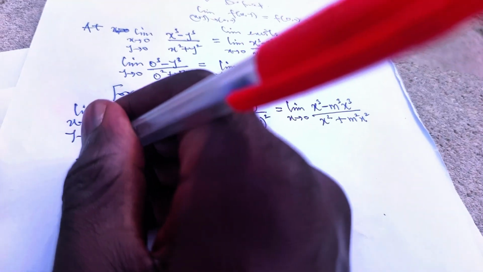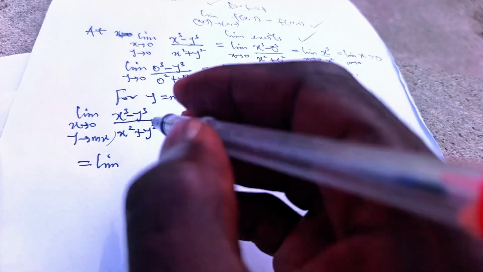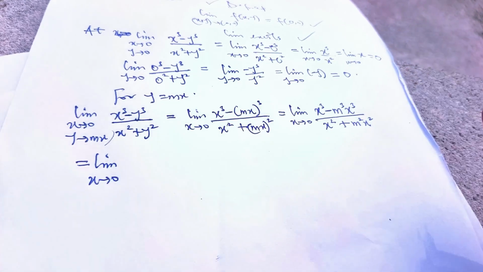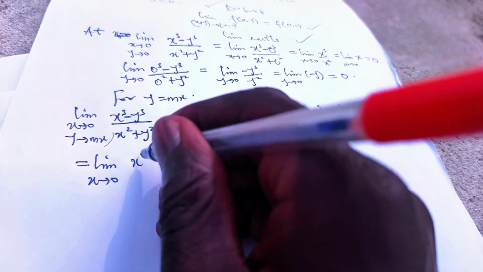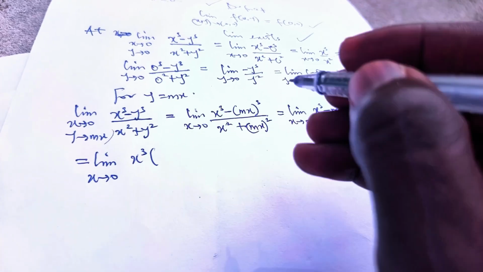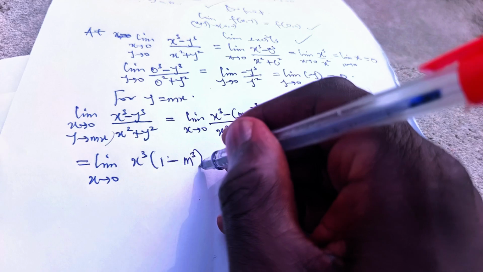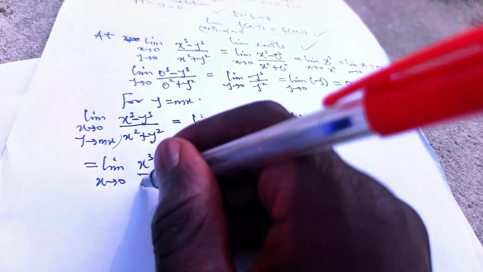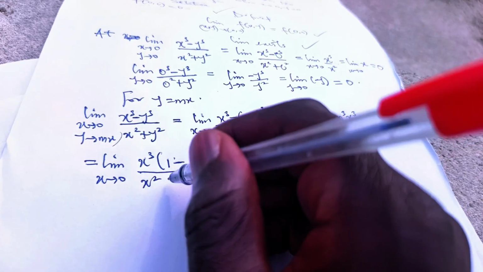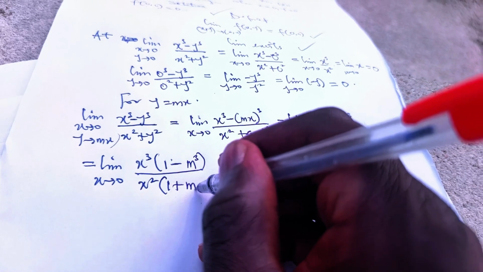Here it will be x cubed into (1 minus m cubed) all over x squared, and x squared is common, into (1 plus m squared).